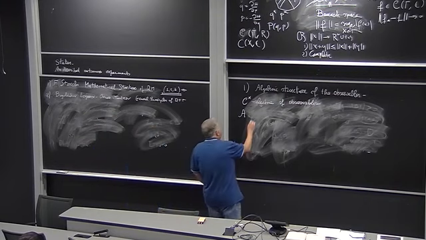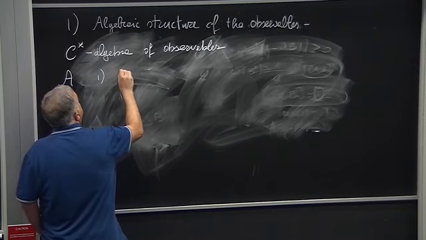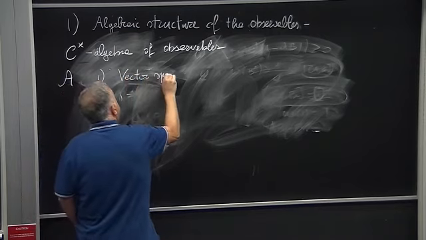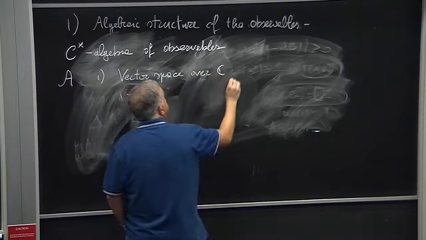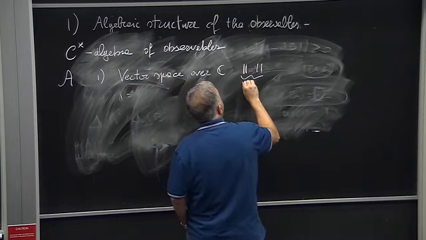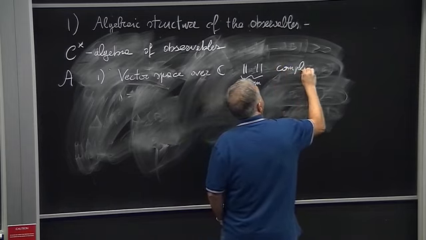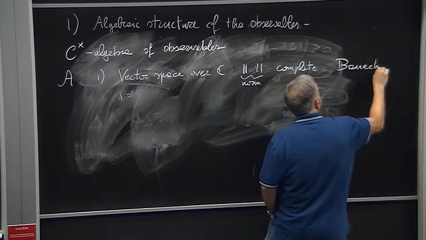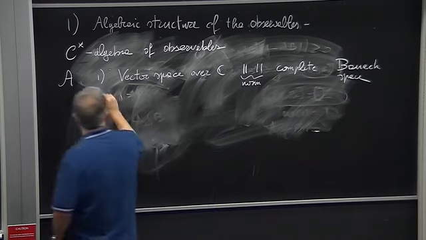C-star algebra. So first, A is a vector space over the complex numbers with a norm, and complete. So a Banach space. Second, it is an algebra.